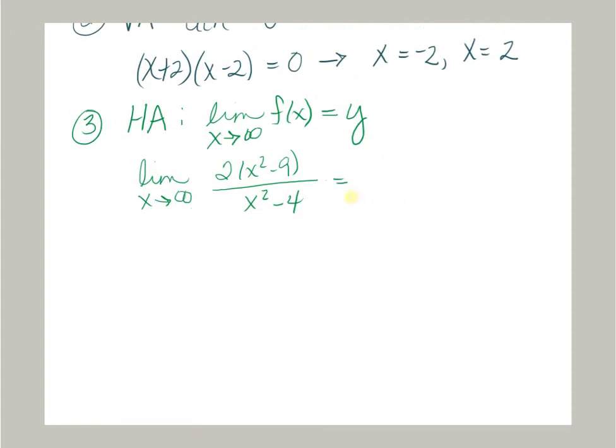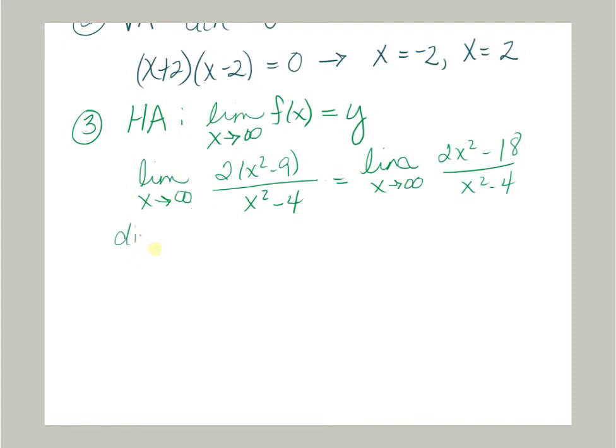If we remove the power of the rest of them, let's go ahead and multiply out the numerator, 2x squared minus 18 divided by x squared minus 4. I like to remove the power of all of these terms by dividing by the biggest of those terms.